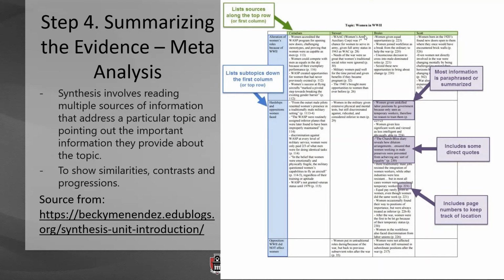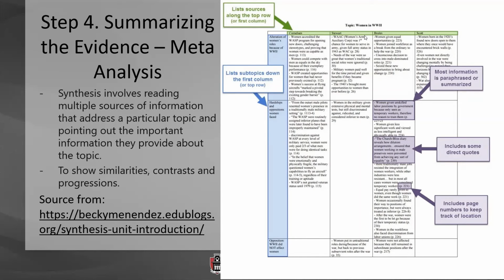And on the top row, I also list the sources that I would like to use in my research paper. So you will catch and transfer all the important information into the matrix, and then later you will use it for your synthesis.